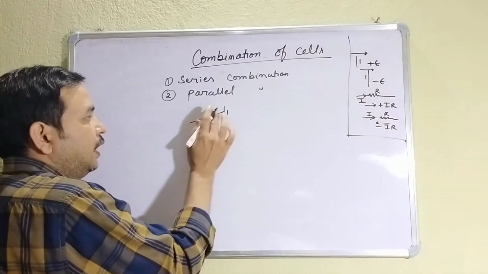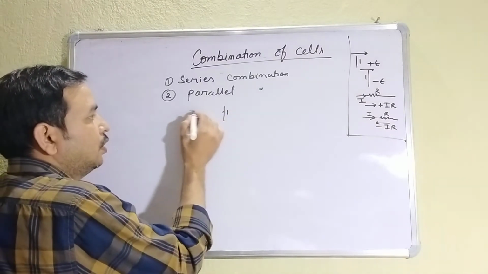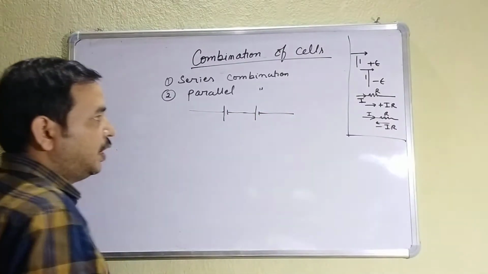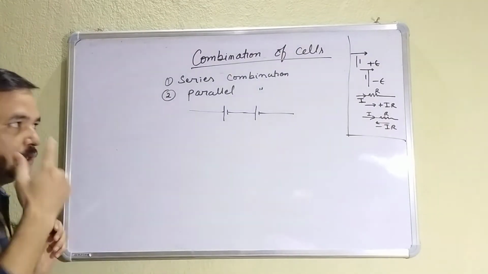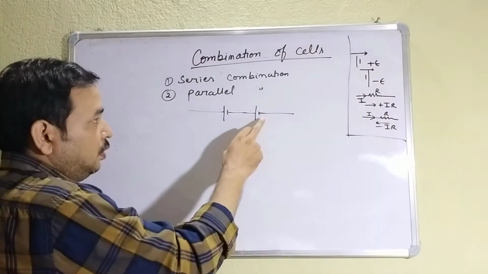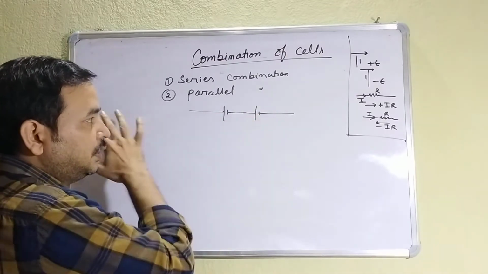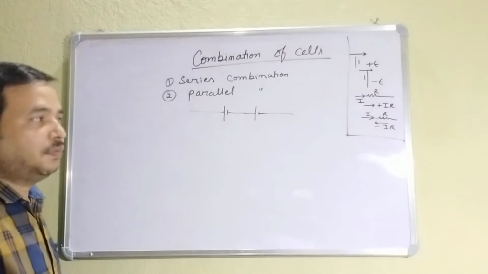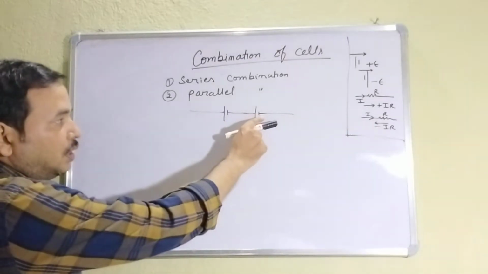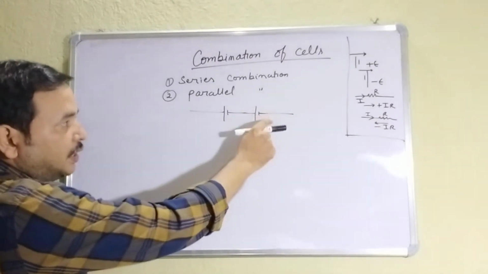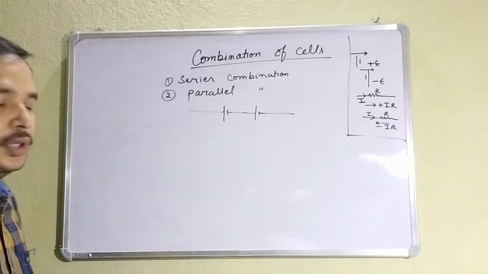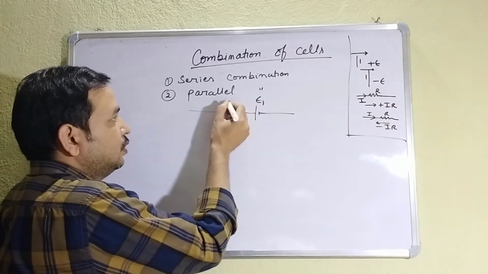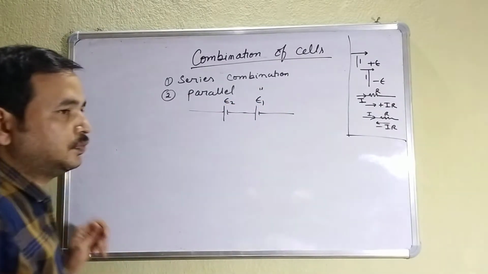Suppose two cells are there and they are combined in series in the same polarity. First we will talk of same polarity and then opposite polarity. Means minus plus, in this way, if the cells are connected, they are connected in the same polarity. If you reverse the polarity, you connect minus here and plus here, then there will be some change. We will discuss that. Let this cell have EMF E1, this cell have EMF E2.